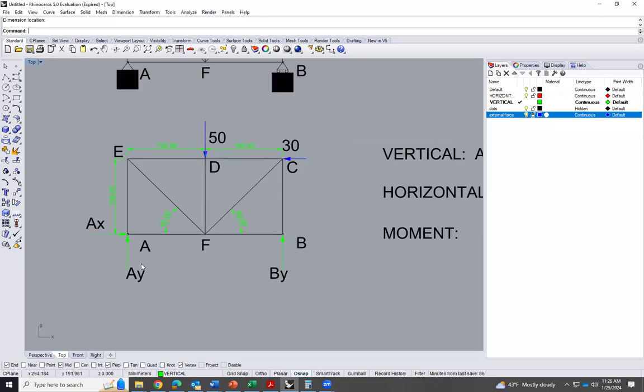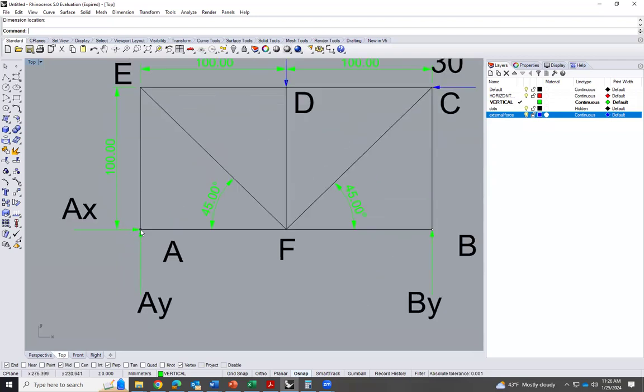So what is the effect? And now we have to select a point at which we have to calculate the equilibrium. What's the effect of this force at this point? It's 0 because we have a magnitude, we have AX, but the distance between the force and this point is 0. The same thing, AY.